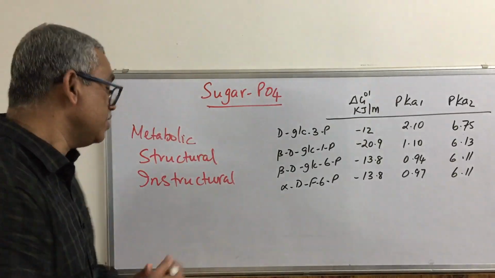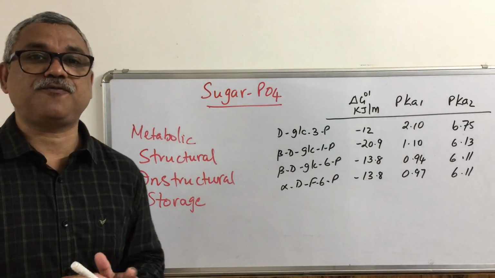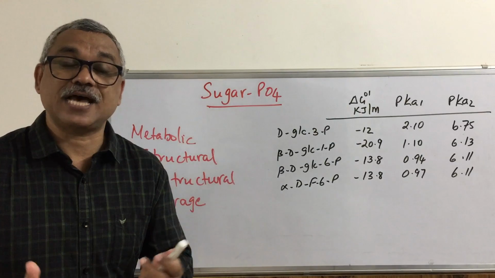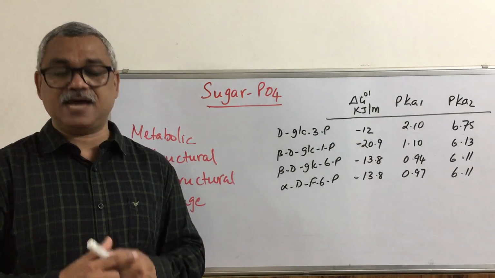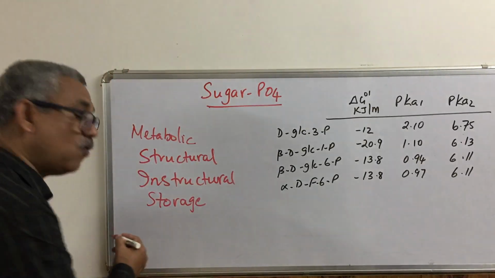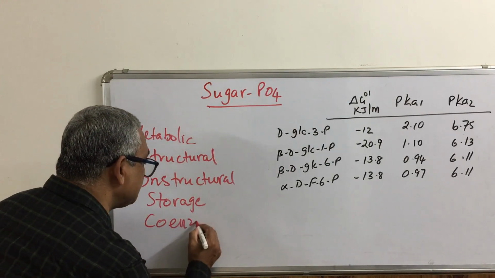They also have a storage function. There are several sugar phosphates which store energy. For example, we have phosphoenol pyruvate, an excellent example of a storage function. They also have a role as part of coenzymes.